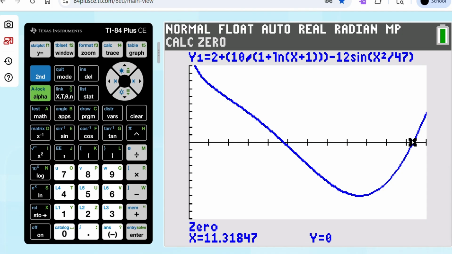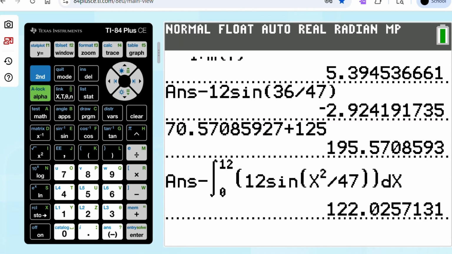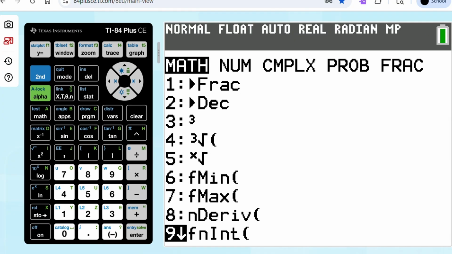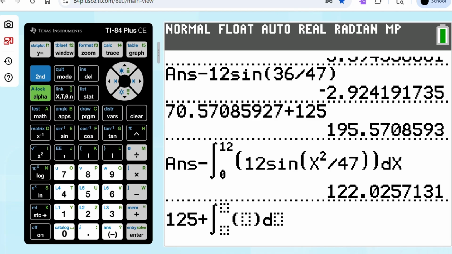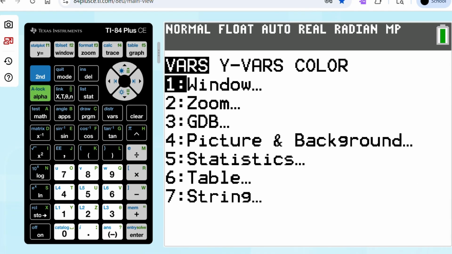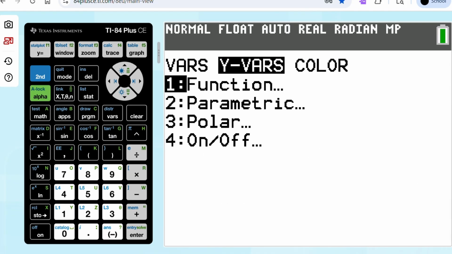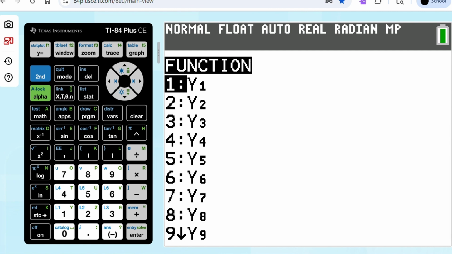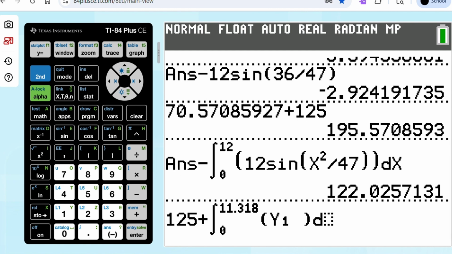And so we'll just use our calculator here. We'll do 125 plus math, option 9, the integral from 0 to 11.318. And now instead of retyping this whole function, we can just hit VARS, the button just next to the clear, go over to the second column, choose option 1 and y1, because that's where we've saved that function when we graphed it.